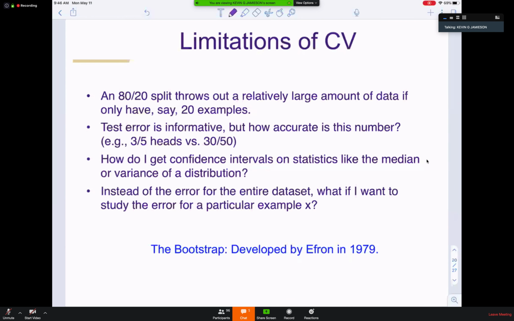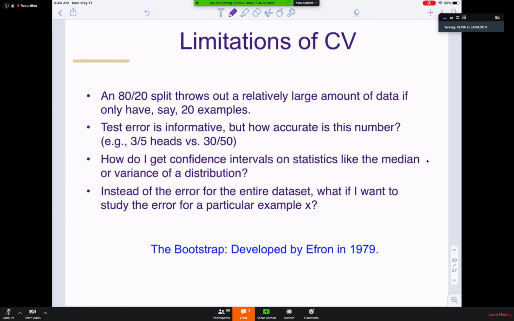If you want to do cross-validation with an 80-20 split of the training and test set, that's okay. But what if you only have like 20 examples or 15 examples? What does an 80-20 split even mean? You're going to train on 12 points and then test on 3? You're not going to get any specificity with 3 points in your test set.